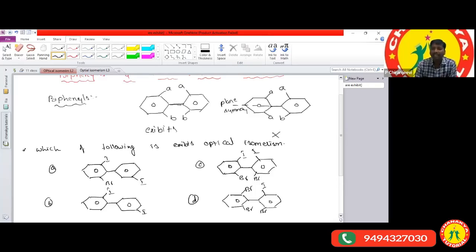Which of the following exhibits optical isomerism? What is the correct answer?